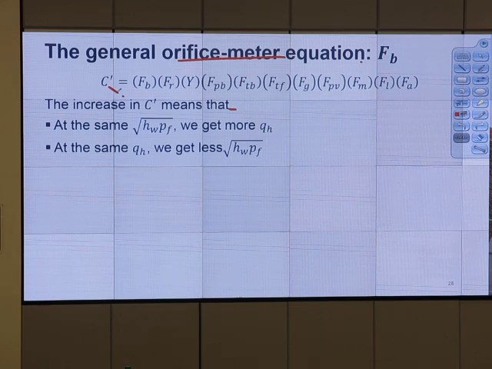Luis, can you give me 2 reasons that cause inaccuracy in the orifice plate meter run measurement? Luis, come on. Number 1 reason that makes inaccuracy in the measurement, what is that?